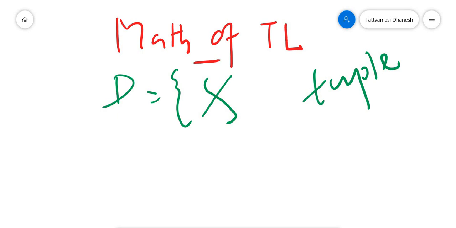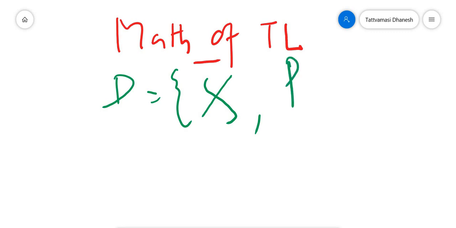See, the tuple we defined contains two elements. The domain D we are defining as a tuple consisting of two elements: one is the feature space psi and the other is the marginal probability P of x. This we are defining as the domain.